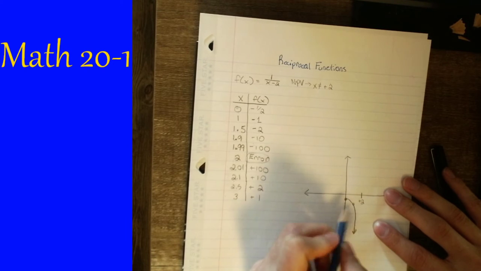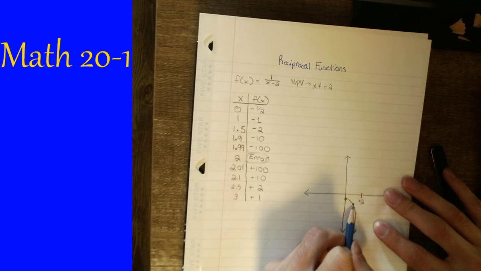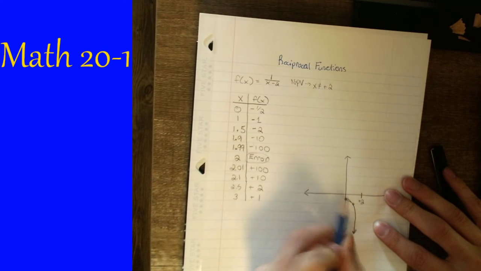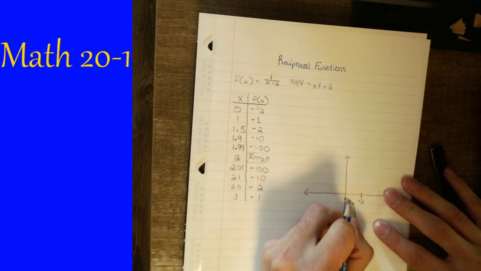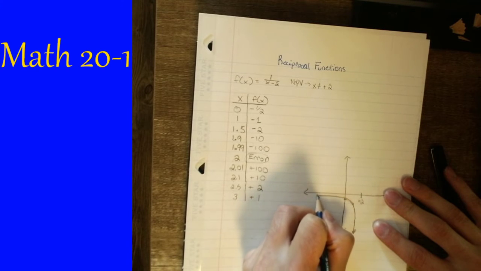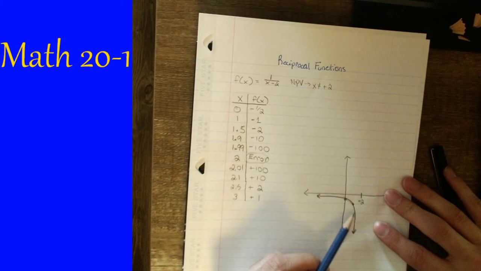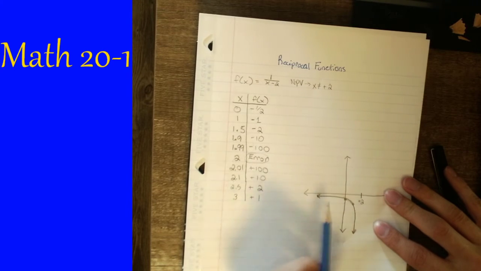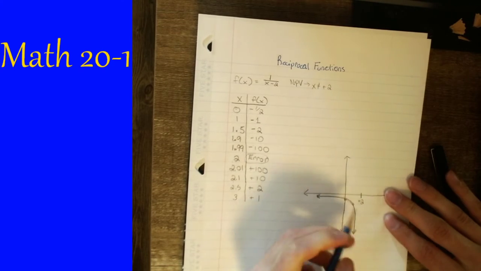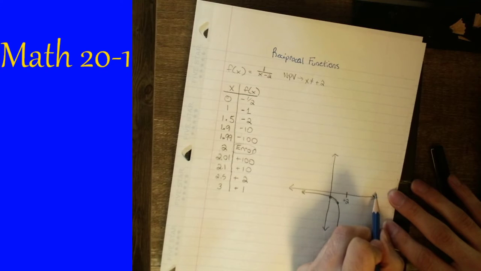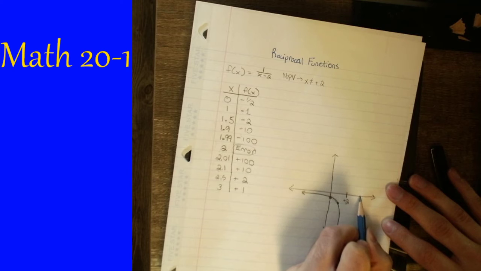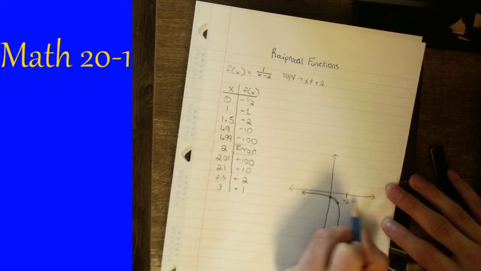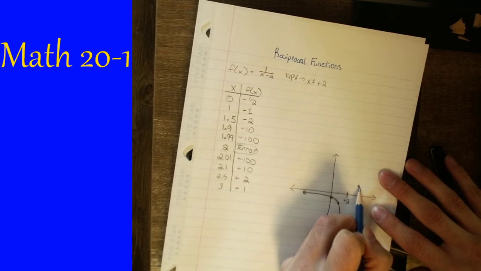So conversely, as we move away from positive 2, this gets very, very small, but still a negative number. As we approach positive 2 from the right, we know that when x is 3, f of x is 1.